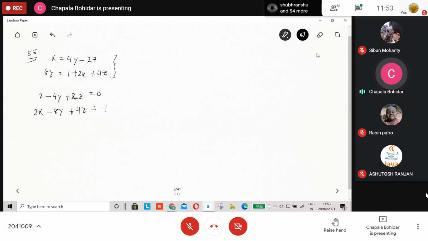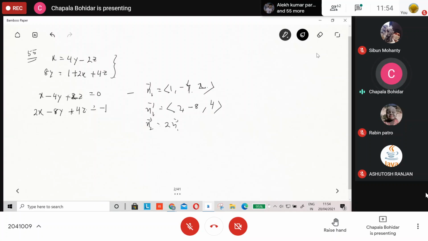So the components are n1 equals (1, minus 4, 2) and n2 equals (2, minus 8, 4). So they are parallel, n2 is equal to twice n1.